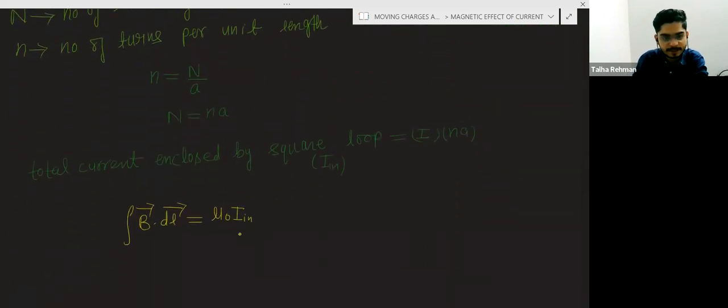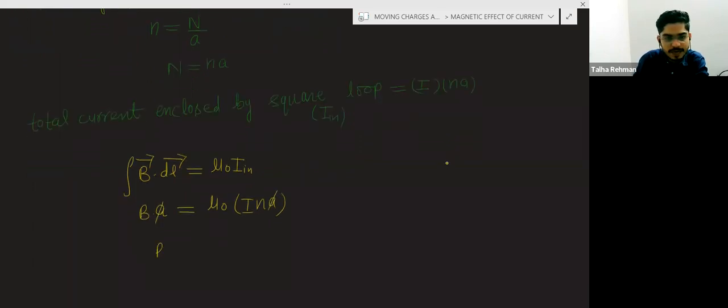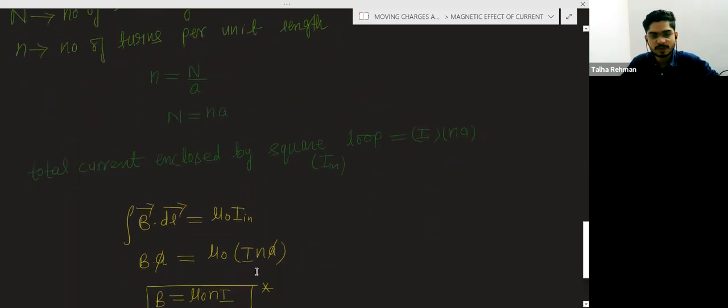So write here B into A, and mu 0, what is the current enclosed? I into small n into A. So this A and A will be cancelled out. So the magnetic field will be mu 0 into small n into the current I. This is the magnetic field given by this formula.